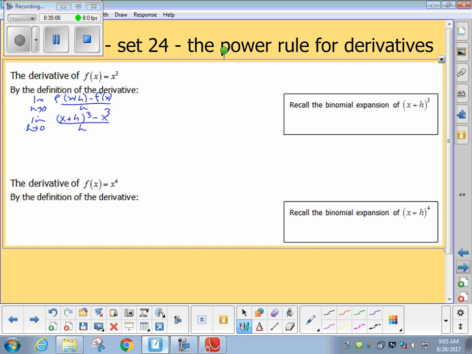So, the binomial expansion of x plus h cubed, do you remember it? X cubed plus 3x squared h plus 3xh squared plus h cubed.